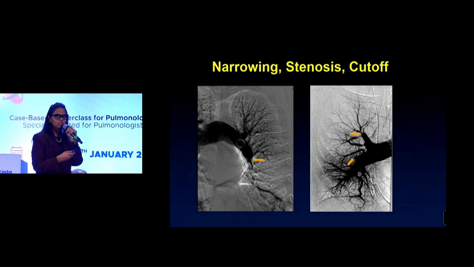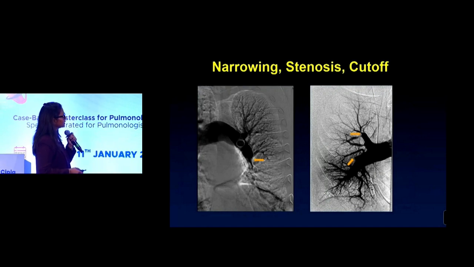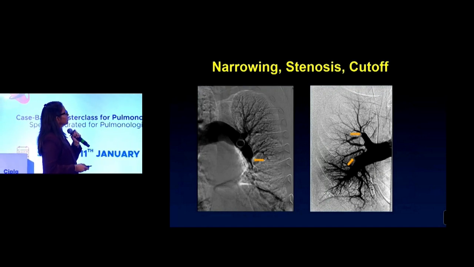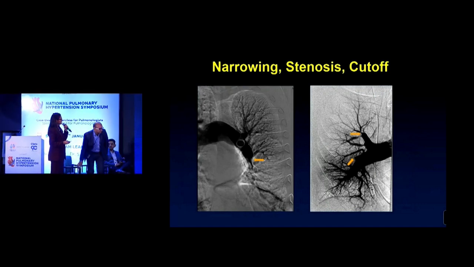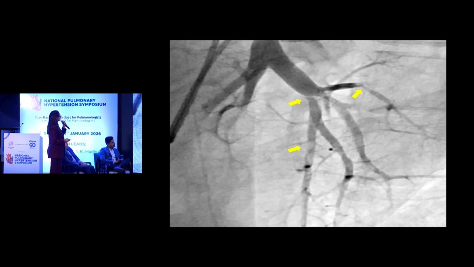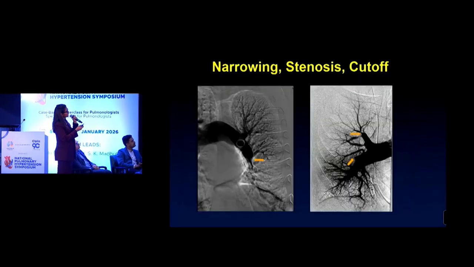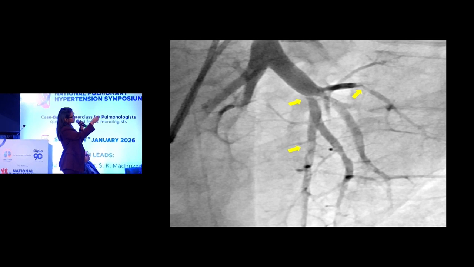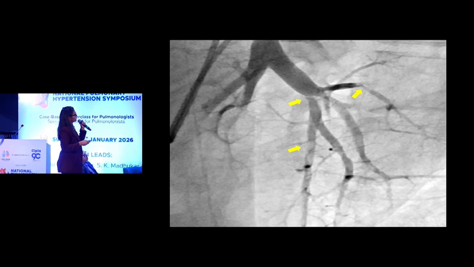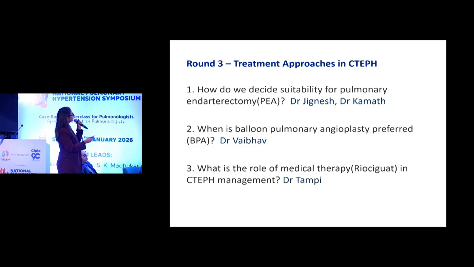I think we ourselves should look at these signs if you're suspecting CTEPH in your patients. You see the upper arrow, abrupt starting from here, narrowing of the vessels. This is another one showing webs and bands. You see the ring-like bands, the yellow arrows.